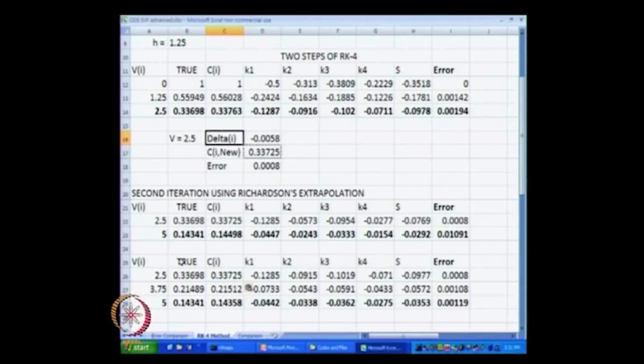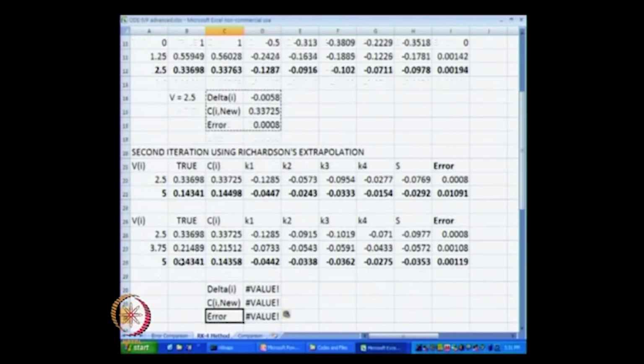Now, what we will need is to copy the same thing down over here and then edit the results. The delta is nothing but this minus this. Okay. So, delta is the difference between the concentration computed using the two step method minus the concentration computed using the one step method.